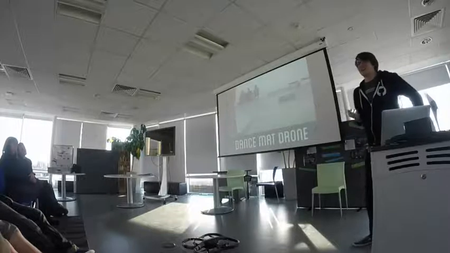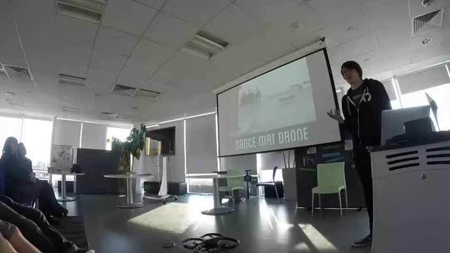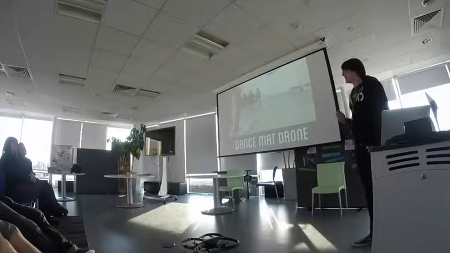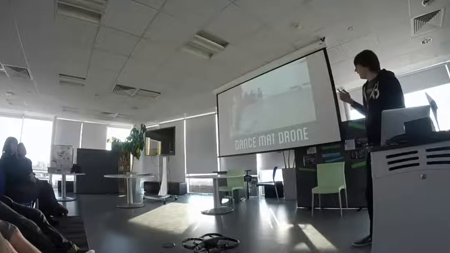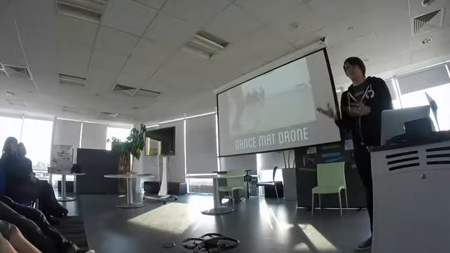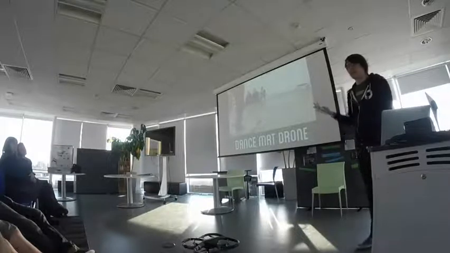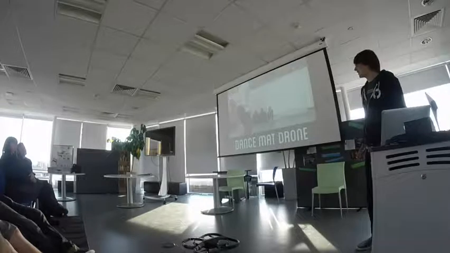A dance mat is actually pretty much identical to a PlayStation or an Xbox controller, and there's a Node module for a PlayStation controller, so we just use that. And then you can take your front, backwards, forward, left, right, play some Gangnam Style, and have it dance along in time with the music.